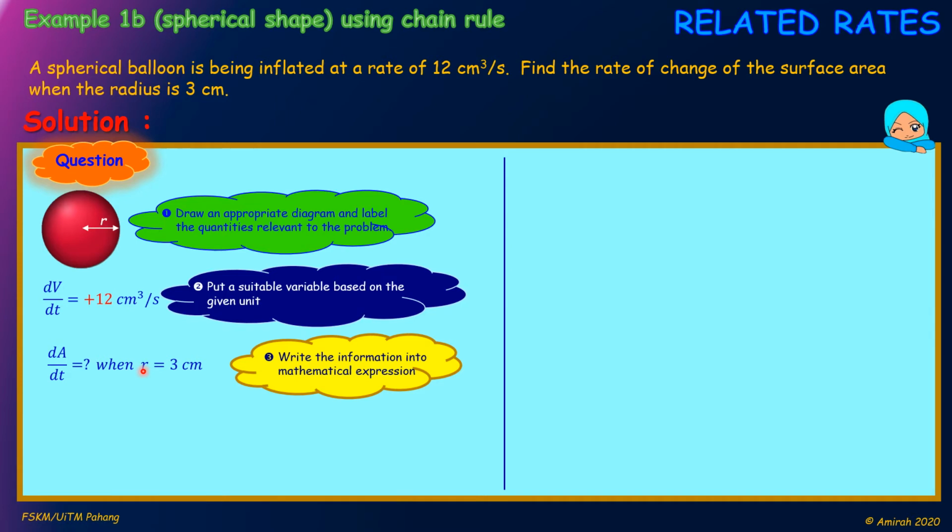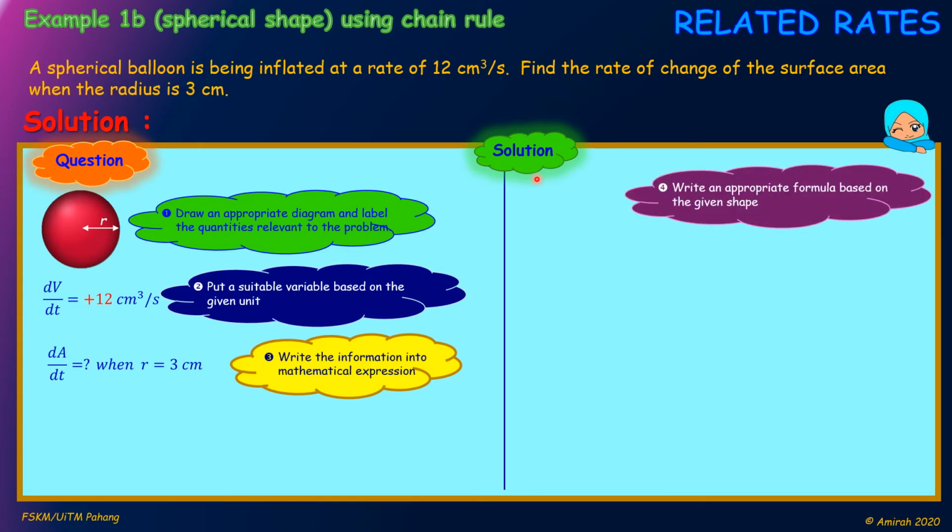Then we can start the solution. Step 4, write an appropriate formula based on the given shape. The given shape is a sphere and we are given dV over dt, so we start with the volume of a sphere, which equals 4 over 3 pi r cube.